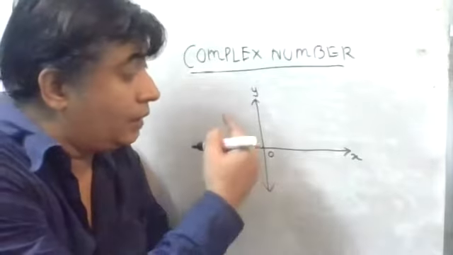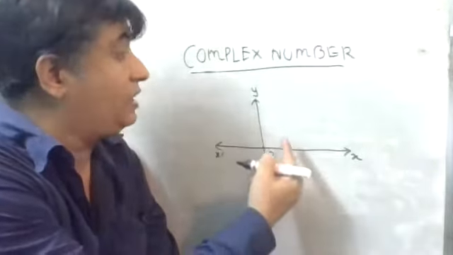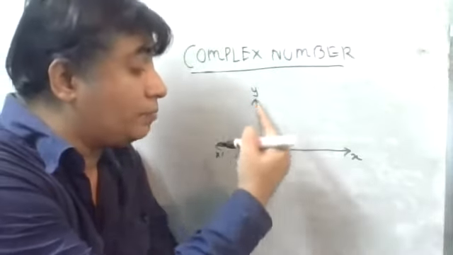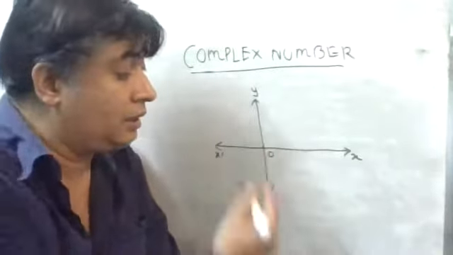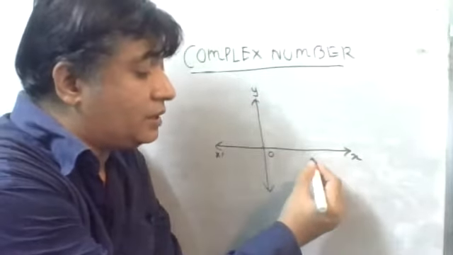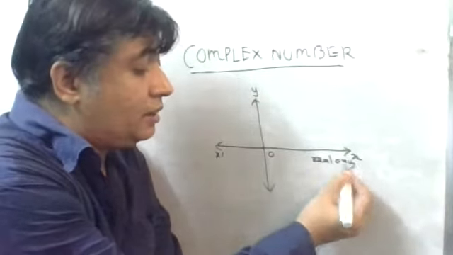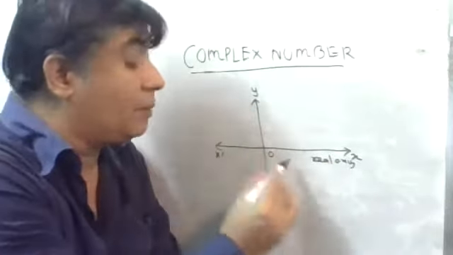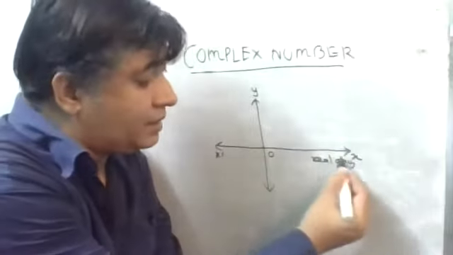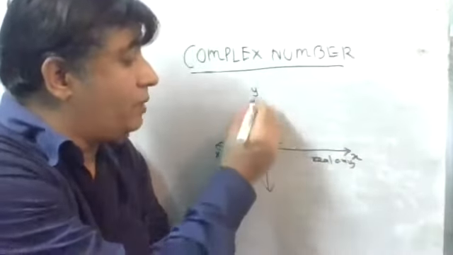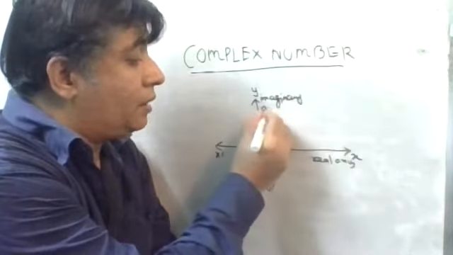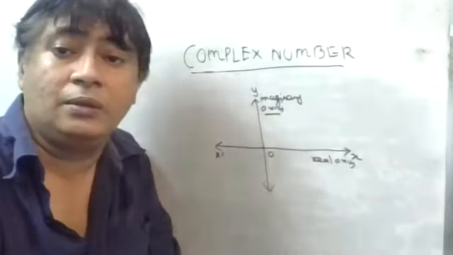Now, what is the basic difference of this complex plane from the Cartesian plane of real numbers? In the Cartesian form of real numbers, the x-axis is a real axis, and this is also a real axis. But in the complex plane, the x-axis is the real axis and the y-axis is called the imaginary axis.